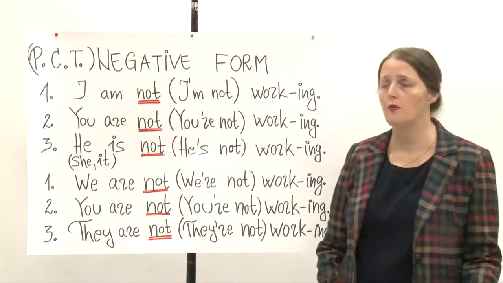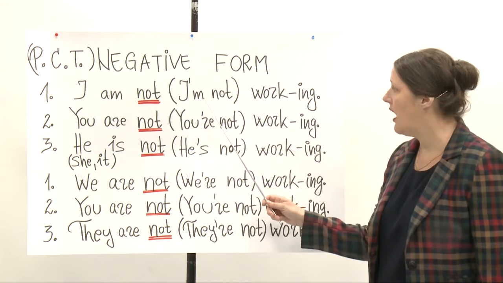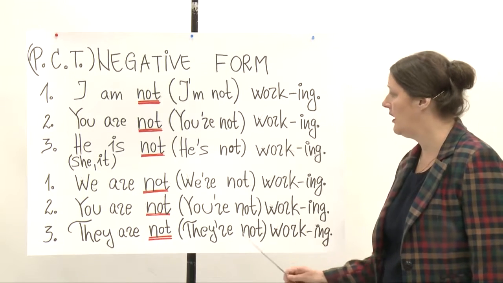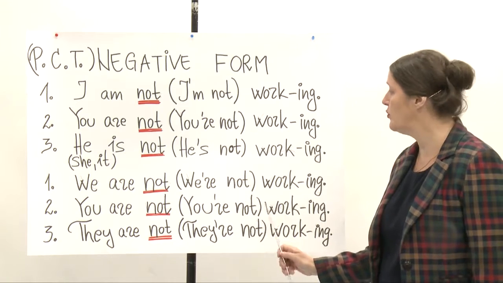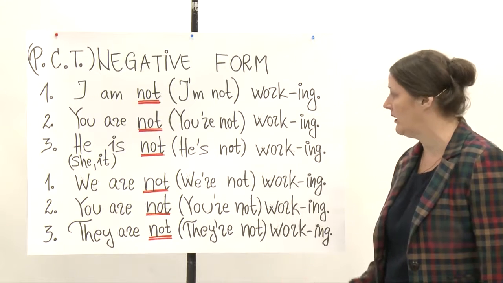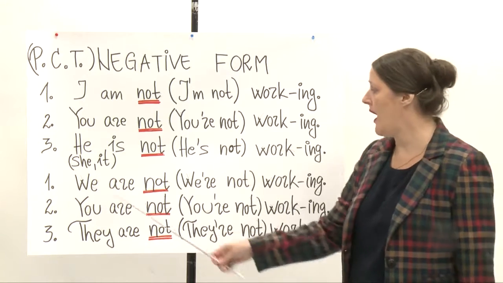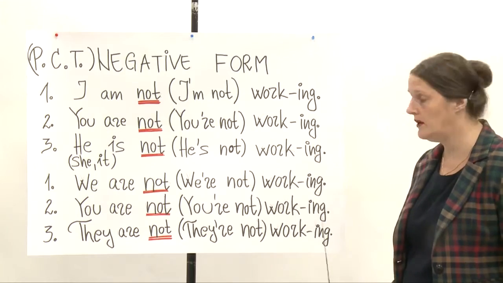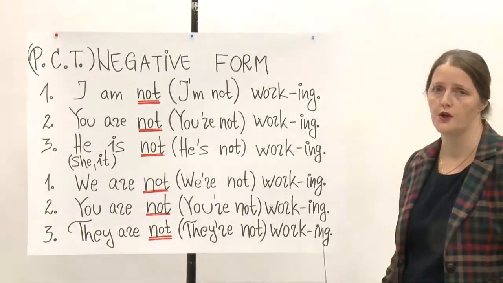Or in a short form, singular, we have I'm not working. You're not working. He's not working, or she's not working, or it's not working. In plural, we have we're not working, you're not working, and they're not working.